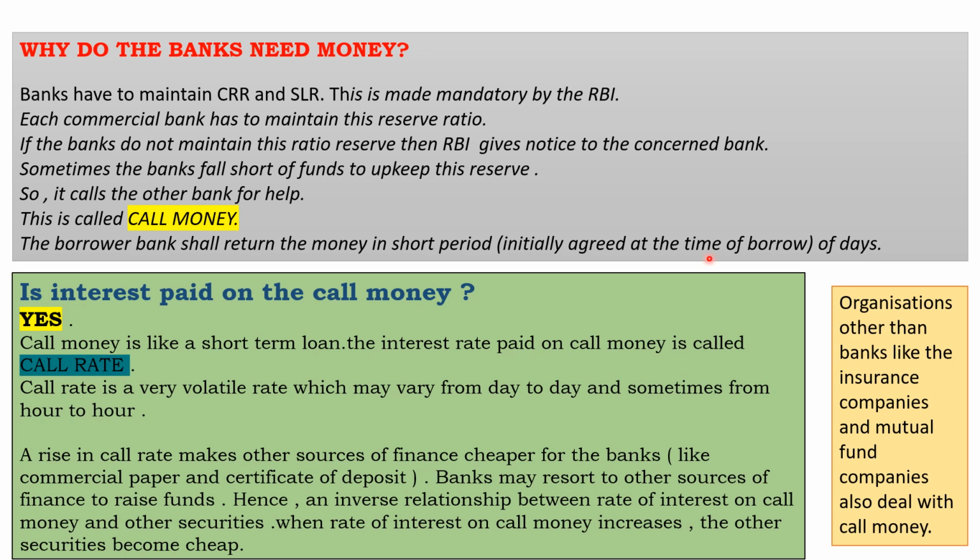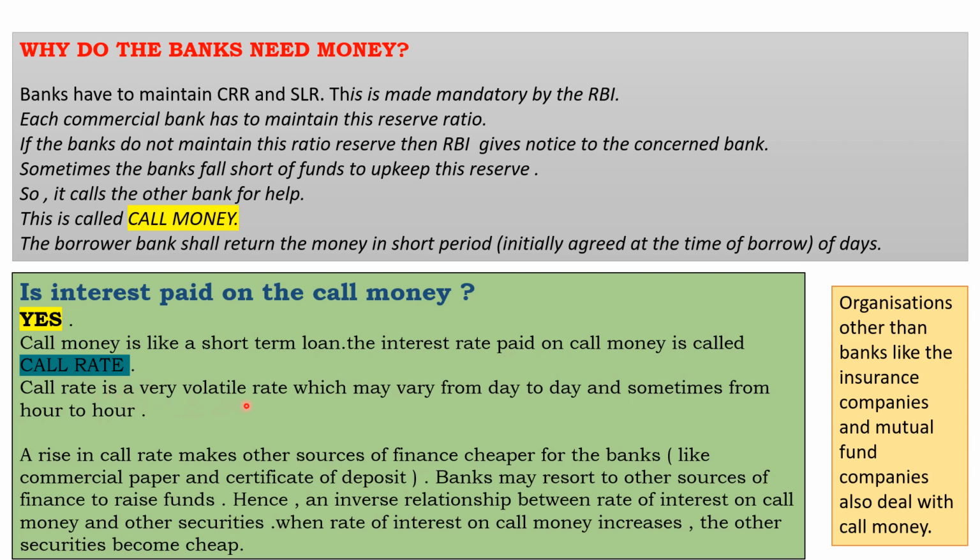Okay, clear? Now next question is, is interest paid on the call money? Yes, it is paid. Call money is like a short-term loan, very short-term loan. The interest rate paid on the call money is called call rate. So it is understood that the lender bank will earn a rate of interest from the borrower bank, and this rate is called the call rate.